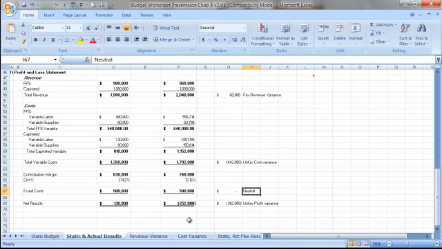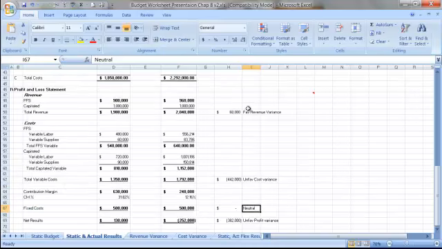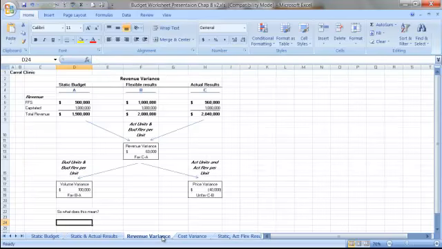Let's now explore the revenue variance and see if we can drill down a little deeper and understand how come it varied so much. Well, here we go. This is our static budget. This is our actual results. This is called a flex budget, or flexible results.